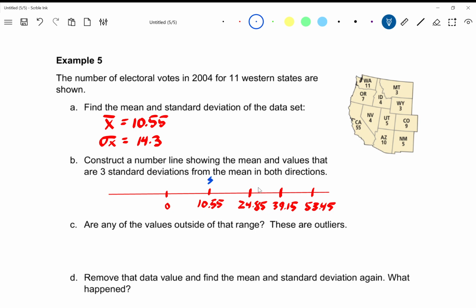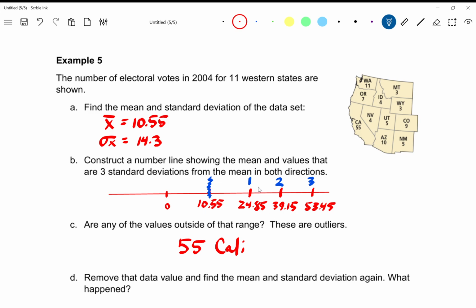So if this is our mean, this is 1 standard deviation away, 2 standard deviations away, 3 standard deviations away. Any numbers that are bigger than 53.45 are considered outliers. So if we're looking at our map, California definitely is an outlier, because California is at 55 votes.